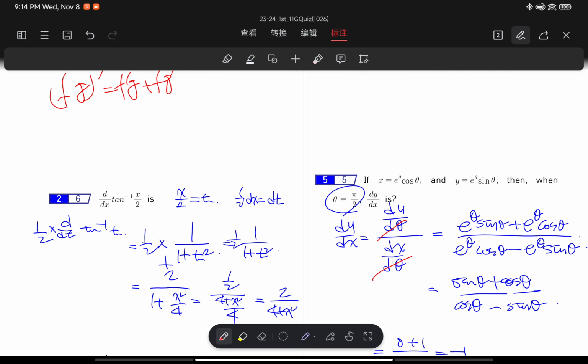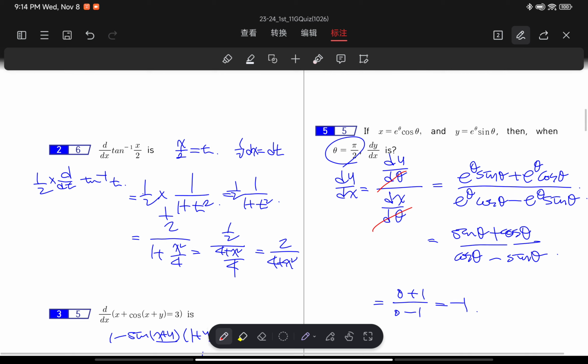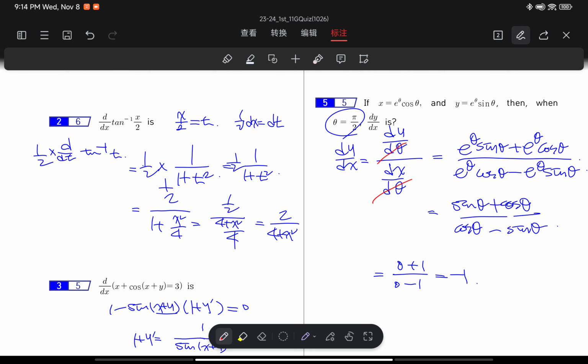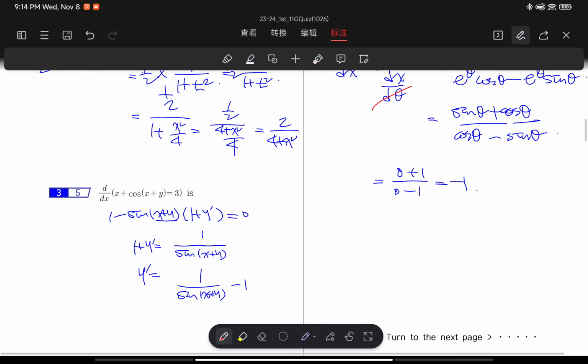So half over 1 plus x square over 4. Canceling the denominator and numerator, the answer equals 2 over 4 plus x square.